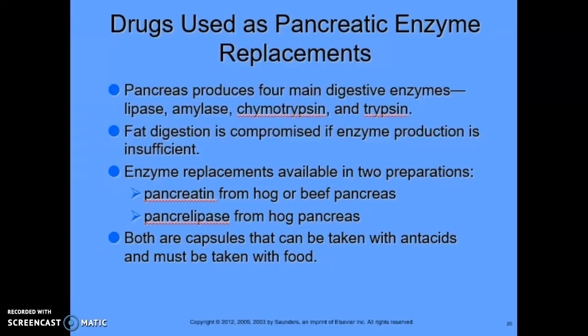Enzyme replacements are available in 2 preparations. So we have the pancreatin from hog or beef pancreas and the pancrelipase from hog pancreas. Both are capsules that can be taken with antacids and must be taken with food.